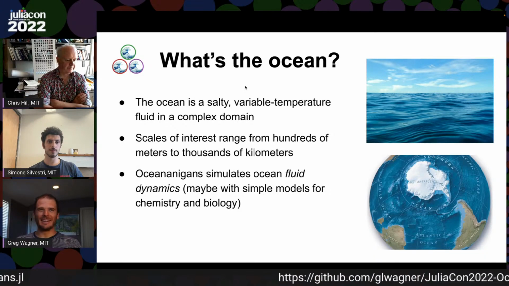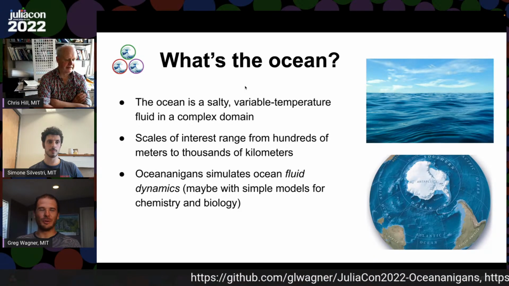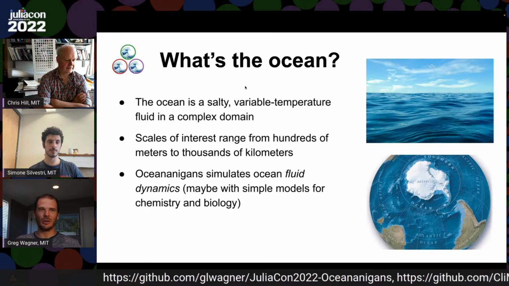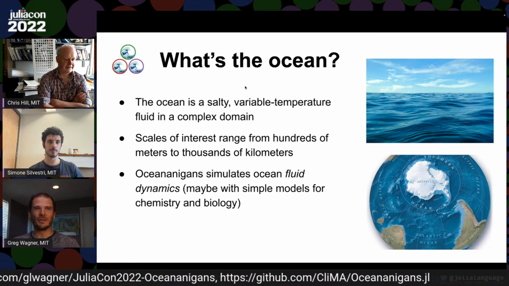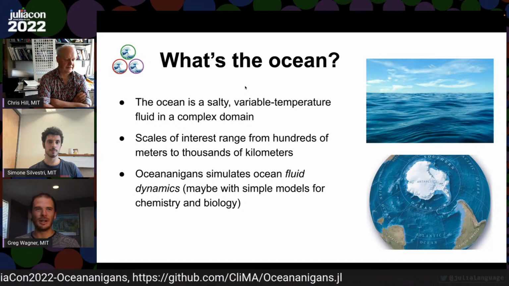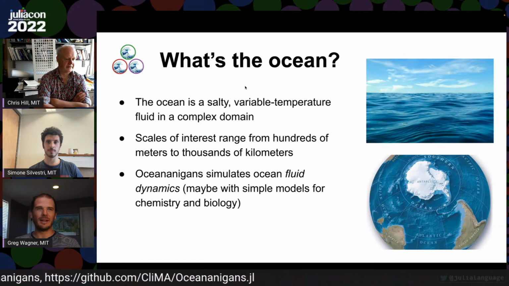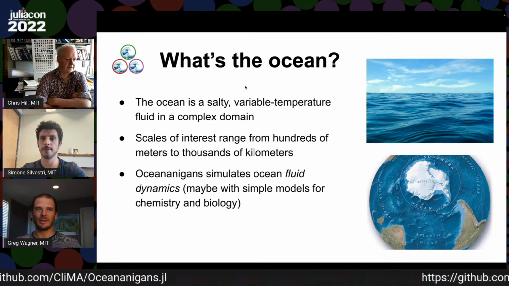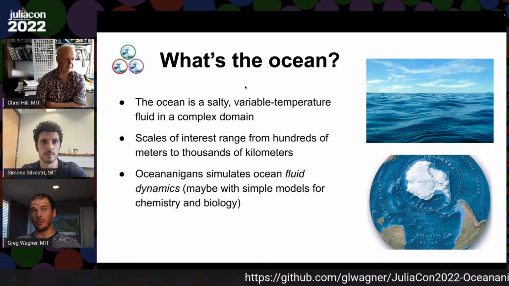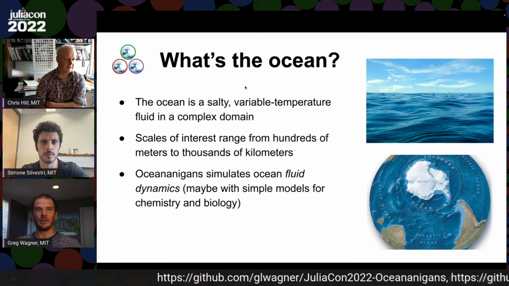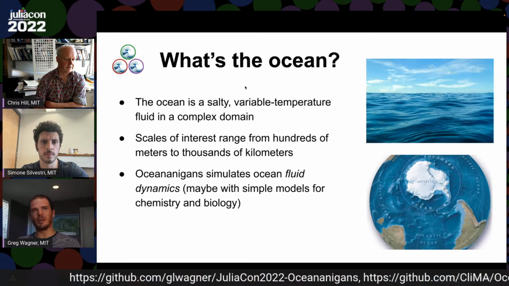First, for those of you who are Julia enthusiasts, but maybe not ocean enthusiasts, it's called Oceananigans, so obviously it has something to do with the ocean. I think it's worthwhile to spend a couple minutes explaining what we mean by that. We're physicists, so when we talk about the ocean, we're talking about the physics of the ocean.